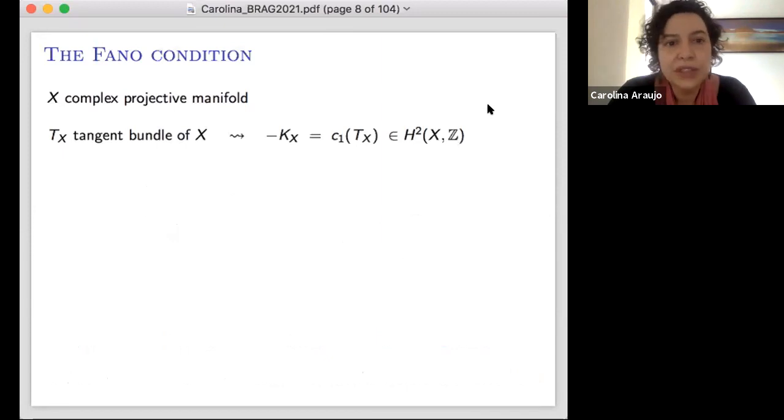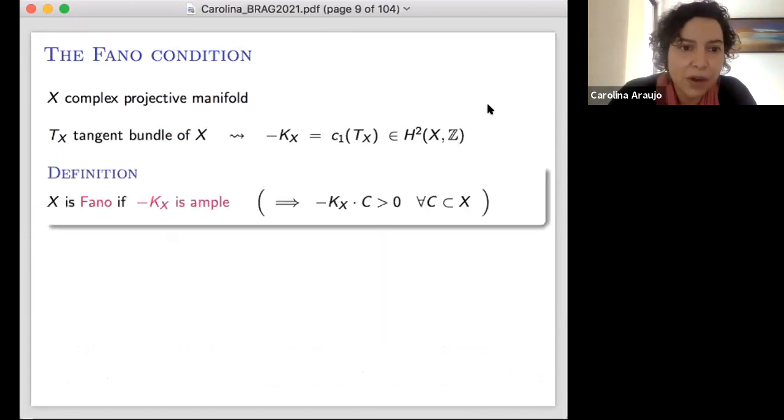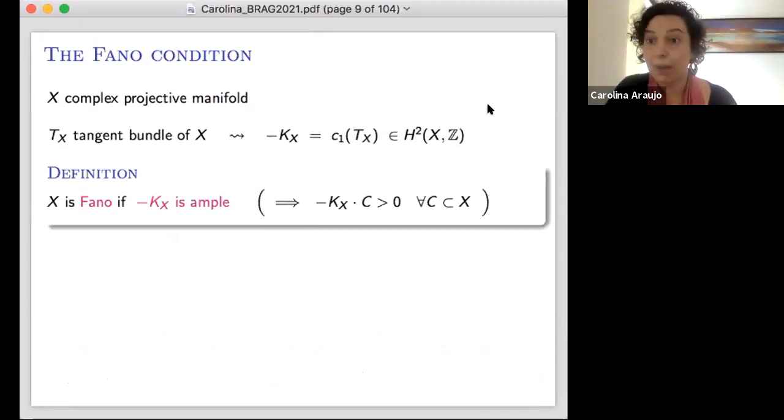Then the Fano condition is defined as follows. We say that a complex projective manifold is Fano if the anti-canonical class is ample. In particular, this implies that the intersection with every curve is positive.